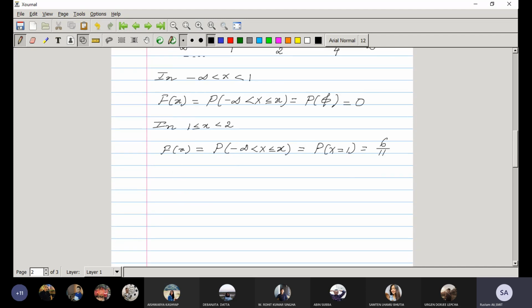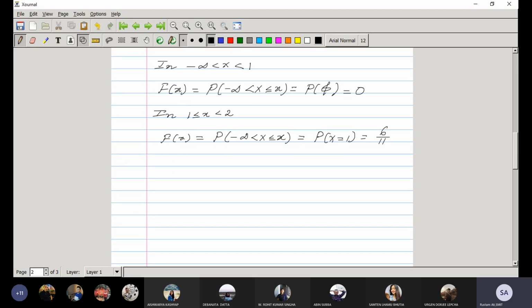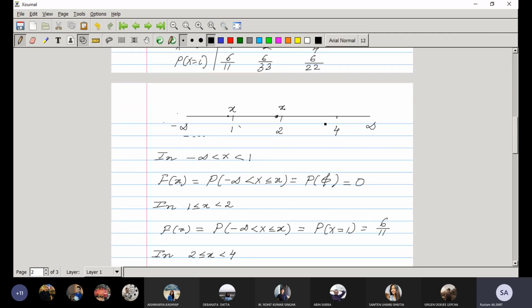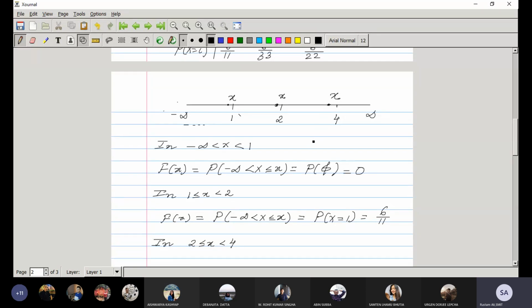Next, in 2 less than or equal to x less than 4, your position is somewhere here, that is, your movement is confined from the point 2 to just before the point 4.